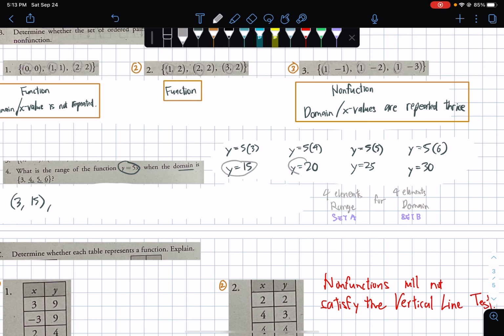So with all these, the next coordinate would be (4, 20), and next is (5, 25), and (6, 30).